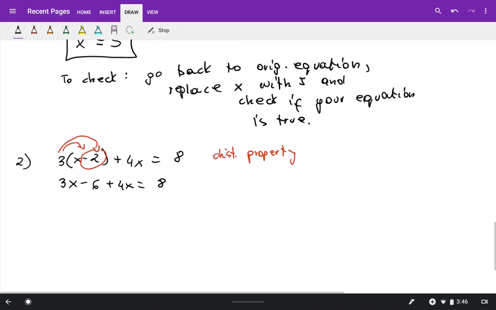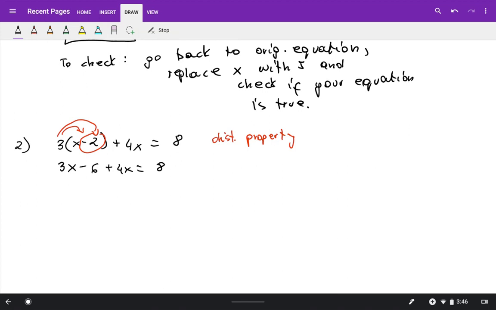Now, when you don't have parentheses, you're going to combine like terms. So like terms are 3x and positive 4x. Let's combine them.